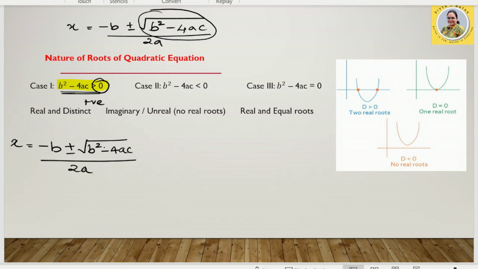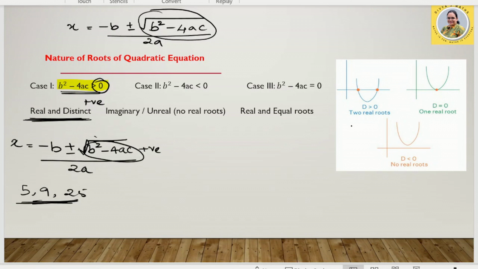For example, if this whole thing is a positive integer, say if we take b square minus 4ac as 5, 9 or 25, for any of the values you can solve for x. For any positive value greater than 0, you will get real and distinct roots.